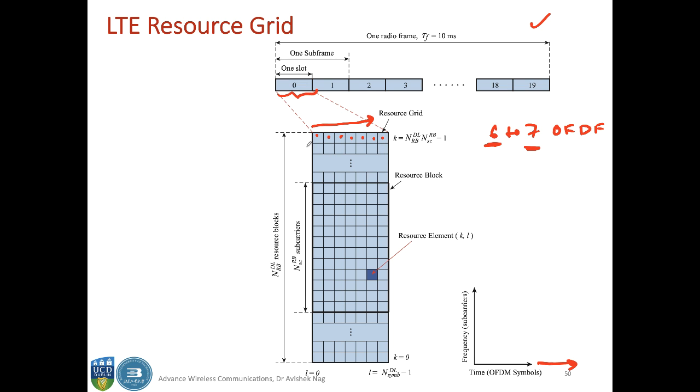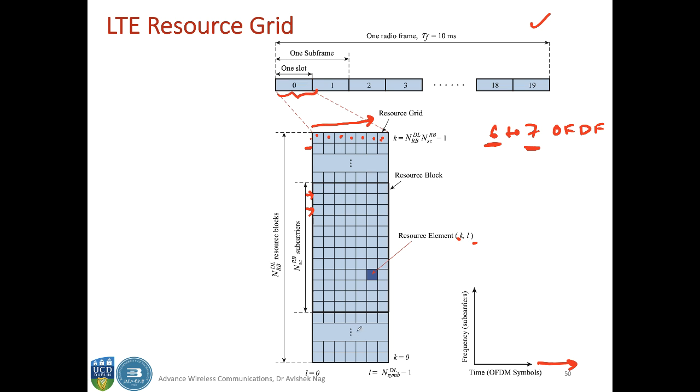And the y-axis corresponds to the frequency dimension, and these are all those subcarriers. These are the different subcarriers, and each of them is 15 kilohertz in width. Therefore each resource element, which is one of the small squares, is denoted by K and L, where K represents the number of symbols in the time domain, and L represents the number of subcarriers.